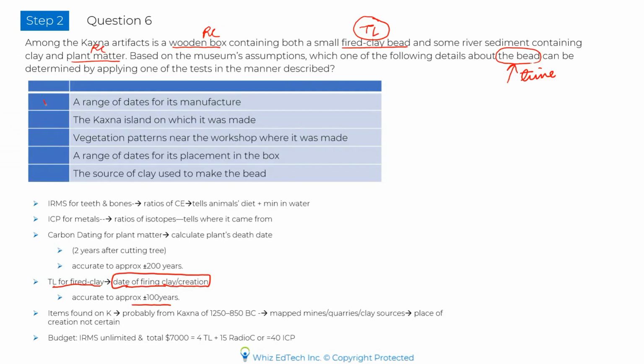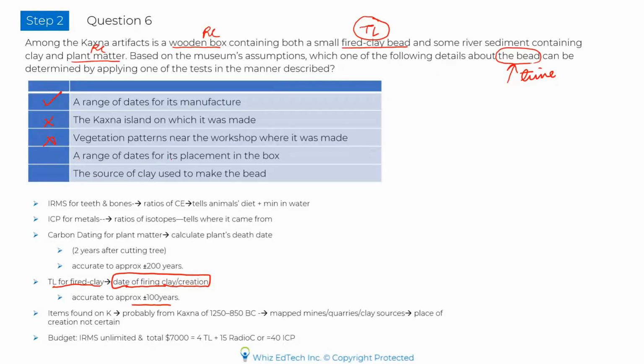So A gives us, right away you know, a range of dates for its manufacture. Kaksna island, on which it does not tell us the place. Vegetation patterns near the workshop where it was made: we don't have anything to tell us about the vegetation pattern, so this is out.